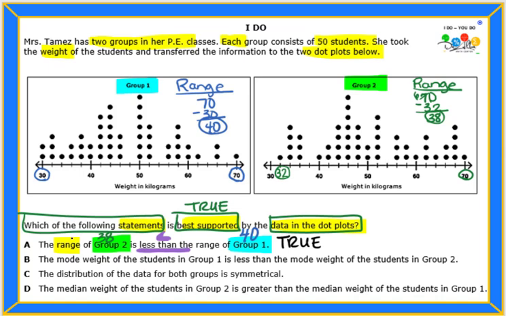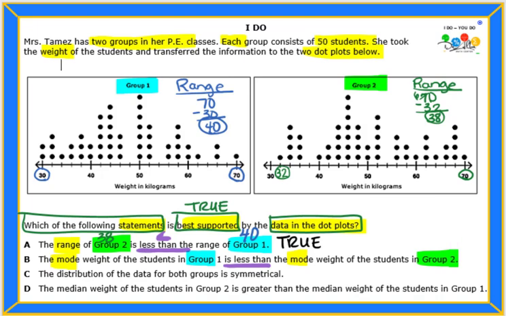Now let's look at the mode. The mode weight of the students in group 1 is less than the mode weight of the students in group 2. Remember, the mode is the number that comes out the most frequent, so we're looking for the number that has the highest number of dots.